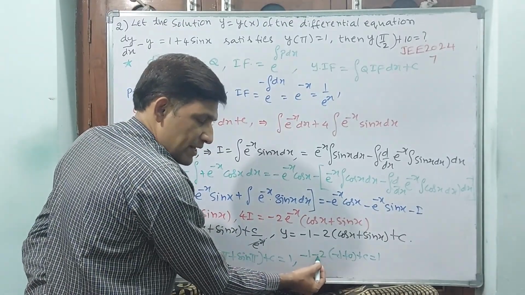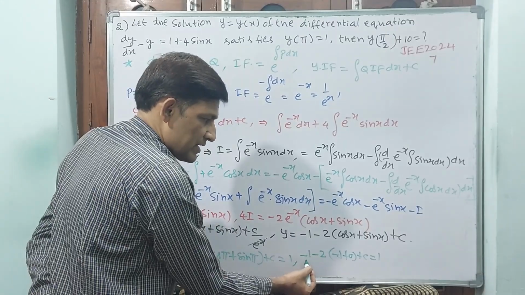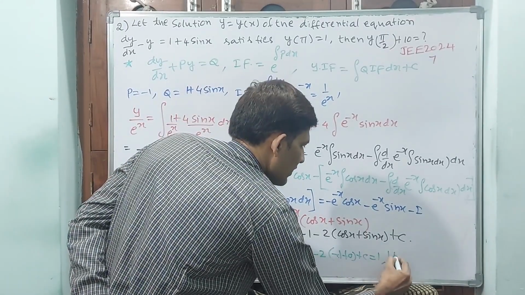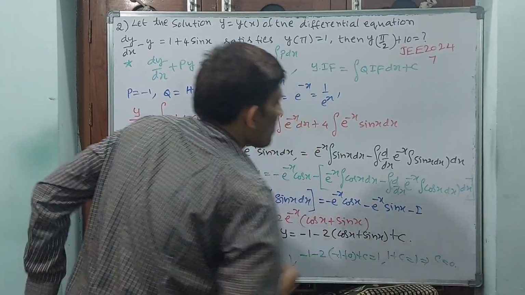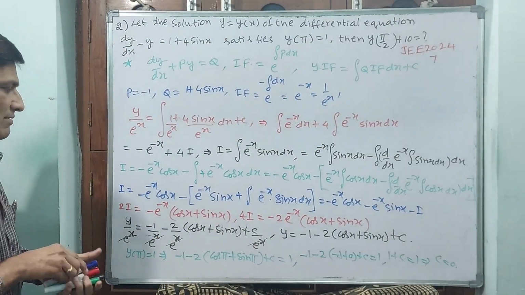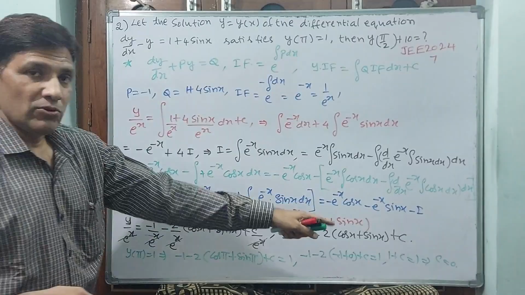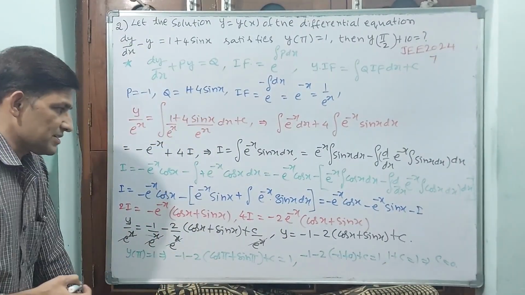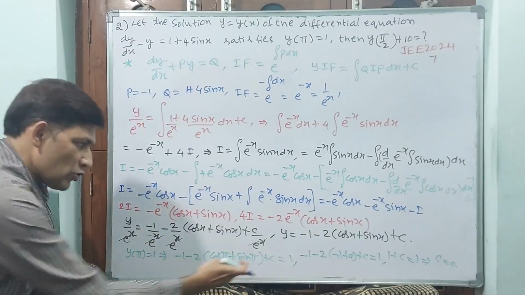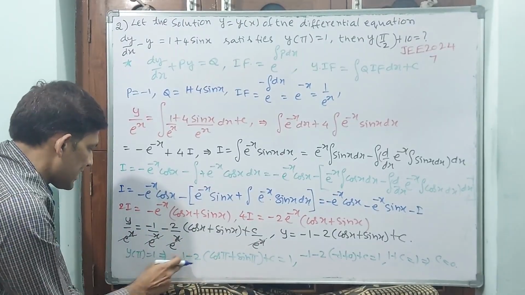Minus 1 into minus 2 is plus 2. 2 minus 1 is 1. That means 1 plus c is equal to 1 implies c is equal to 0. Have patience. c is equal to 0 means we are not writing this, directly we are writing the answer now.